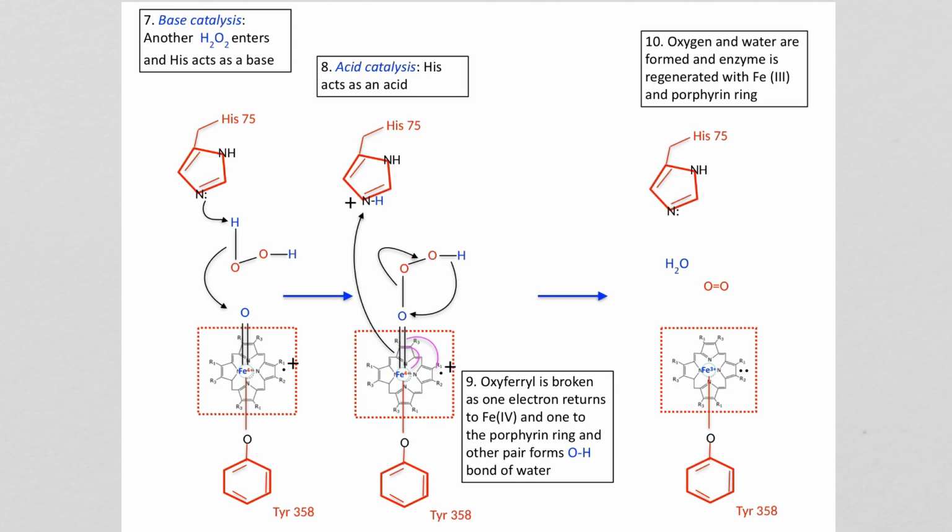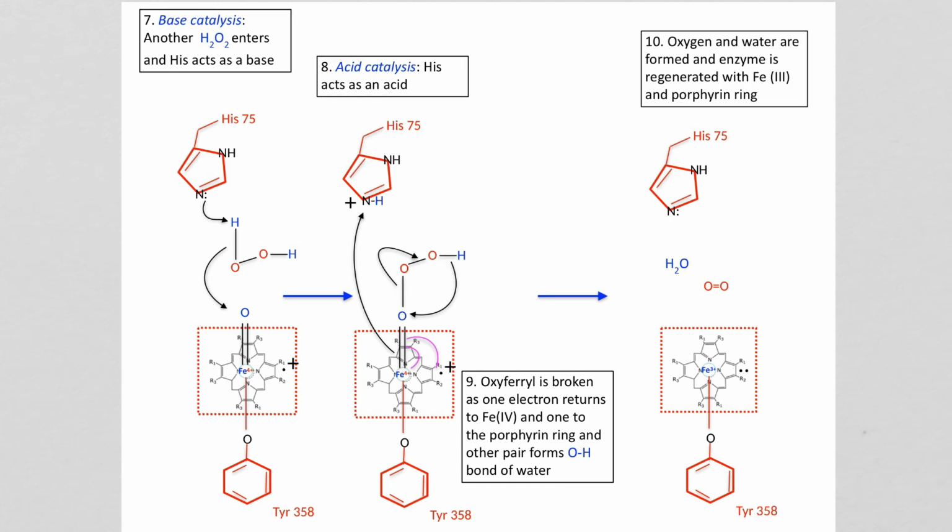In the next step, one of the FeO bonds here is broken as histidine donates this hydrogen, and that bond will be used to connect this oxygen to this hydrogen. So the breaking of this bond here, as well as this bond here, and the donation of hydrogen will result in the formation of water and the formation of oxygen.